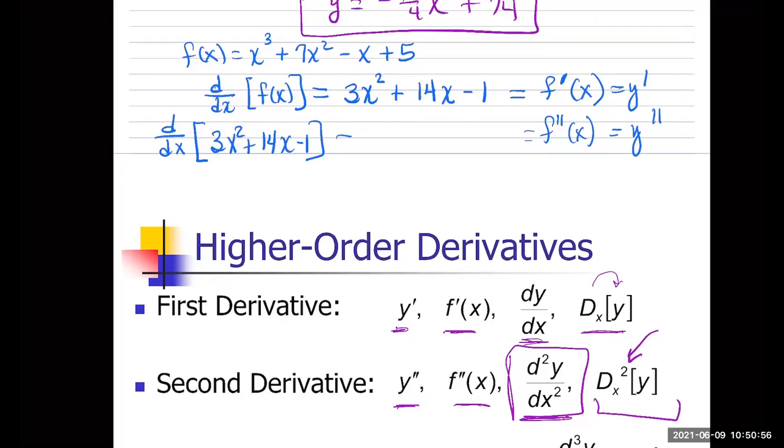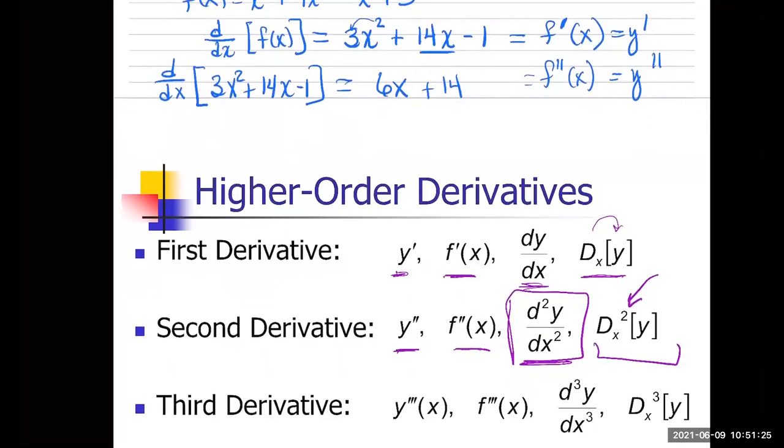I'm taking the derivative of the function in the step before. So I bring the 2 down, I get 6x. The derivative of 14x, what would that be? Yeah, that's just 14. Good. The derivative of 1 is 0. So that's the second derivative of that function. So the second derivative is just the derivative of the first derivative.